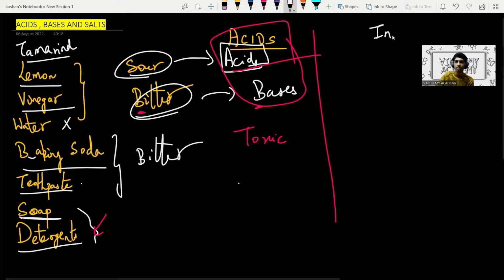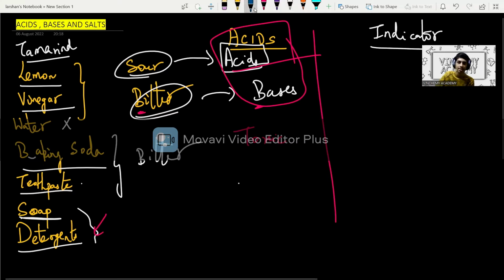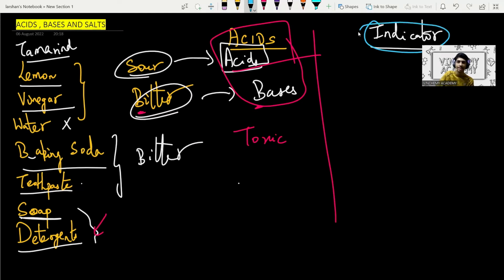For that, we use something known as an indicator. The name itself suggests what an indicator is. It indicates whether a given substance is an acid or a base, isn't it? That's what an indicator basically does.